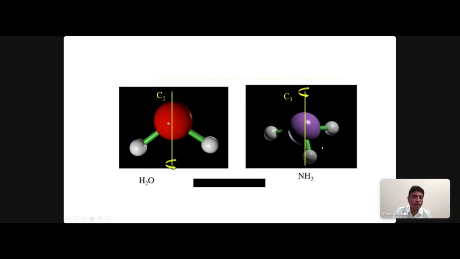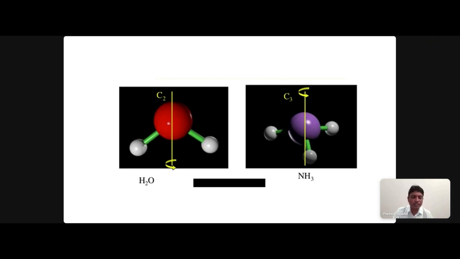In case of the ammonia molecule, the shape is pyramidal. This is the imaginary axis, and if we rotate the ammonia molecule along this imaginary axis by 120 degrees, we get an equivalent orientation. So C3 is the symmetry element, and C3^1, C3^2, C3^3 are the symmetry operations.